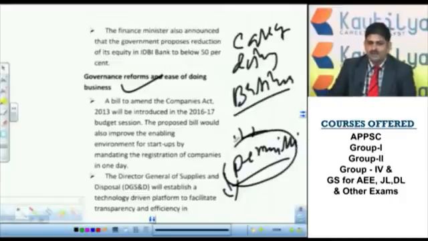If more rules and more complexities are there, companies which want to invest will go back if the process is cumbersome. If this process is liberalized, companies will come very easily and open their business. So it increases employment. That is what ease of doing business is.